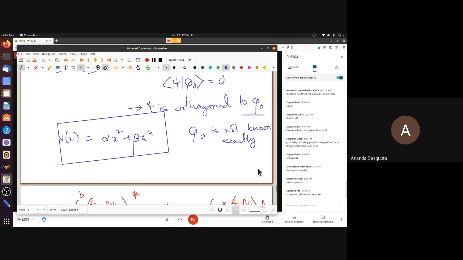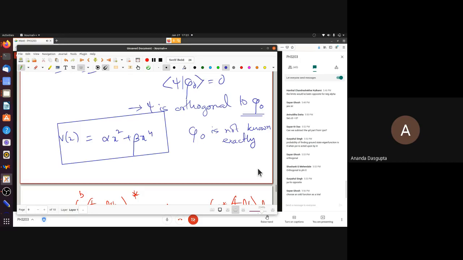Yes? Yeah, Shayan said choose an odd function as a trial. Well, in this case, we know from the theorems that we have studied already in the preliminary lectures that the wave functions have to be even and odd respectively, and the ground state being nodeless has to be even. Remember, an odd function always has a node at x equal to 0. The ground state is an even function.